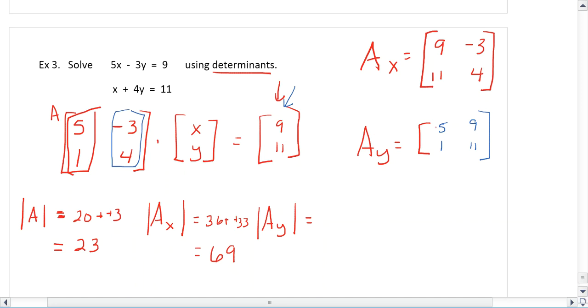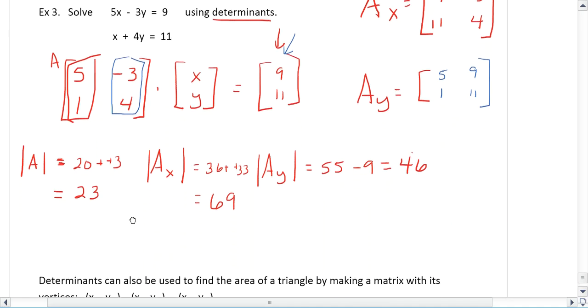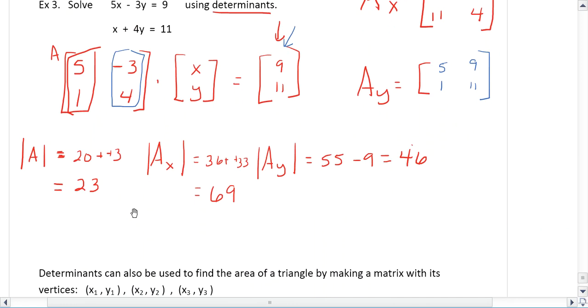The determinant of A sub y, 5 times 11 is 55, minus 9 is 46. So now I have the three determinants that I need. And take a look at Cramer's rule and you can see how it says we use these numbers to divide to find our x and y.